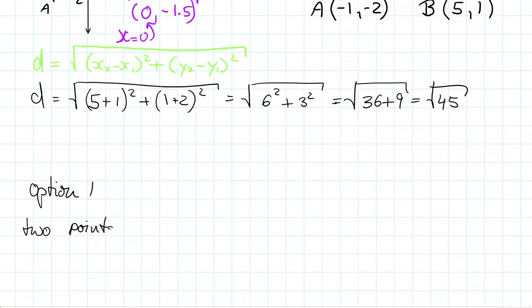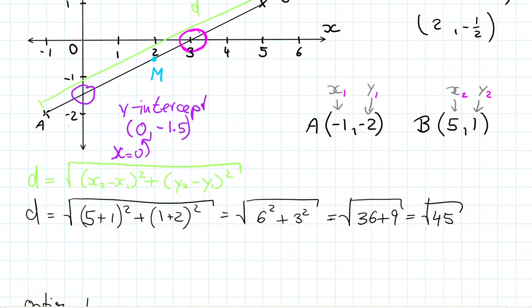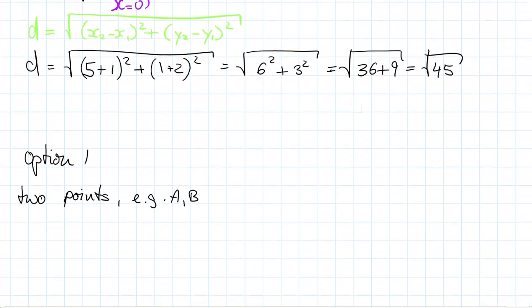Right, that could be A and B, or that could be our special points of interest here. We could take the x-intercept and the y-intercept and draw a straight line between those two if we have been given the linear equation to that line graph.